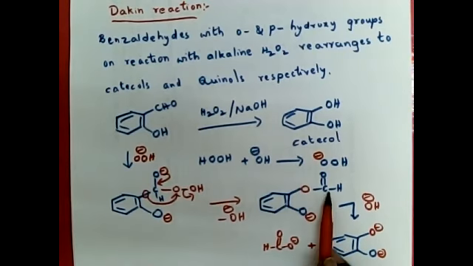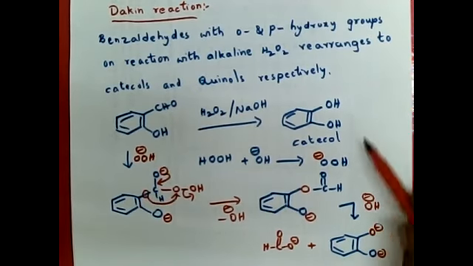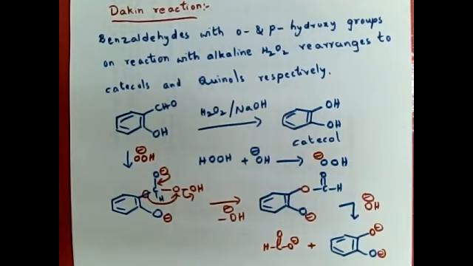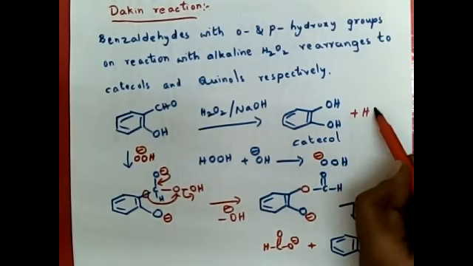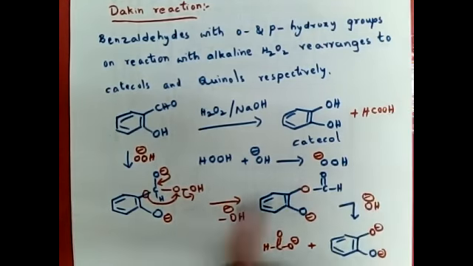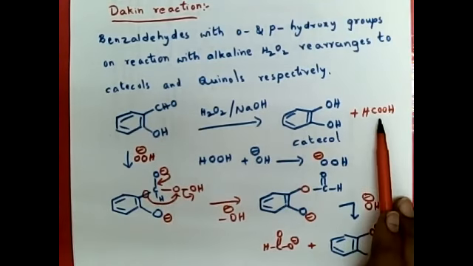So it becomes formic acid. These two become O minus. When we add water at the end of the reaction, these two become protonated. So we can write formic acid here. Aldehyde group is converted to carboxylic acid group.